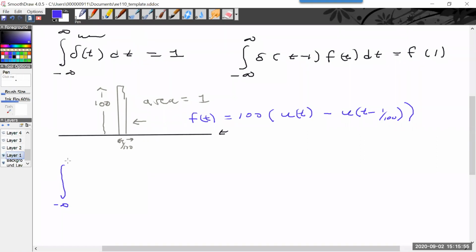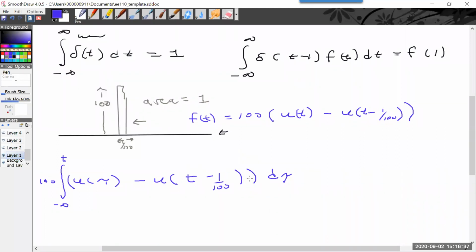All right. Well, what I want to do now is do it with time, right? I'm going to bring out the 100. Then I'm going to have u of tau, right, minus u of, no. This isn't convolution just yet, all right?